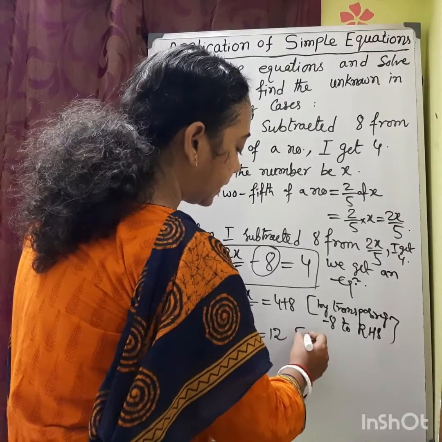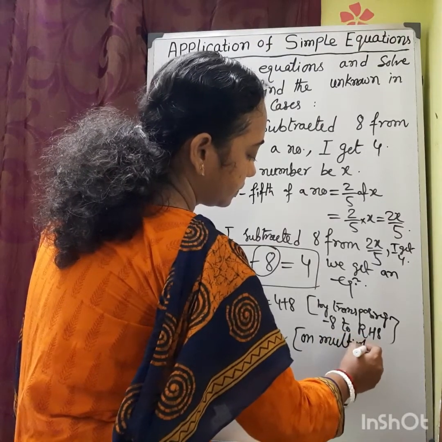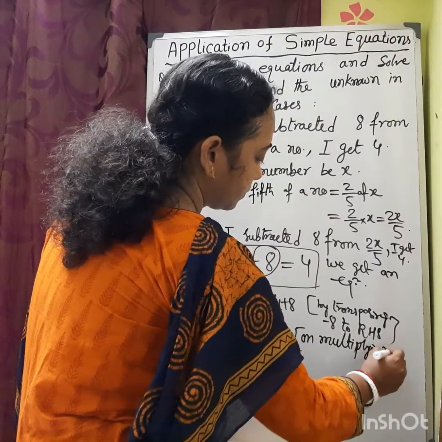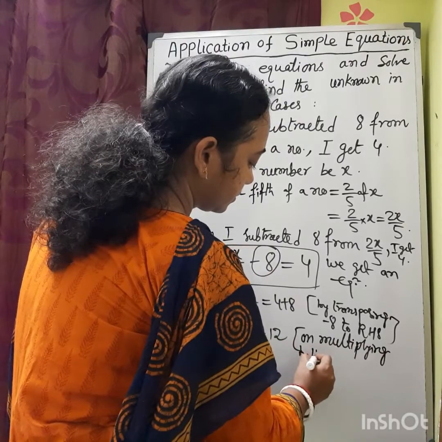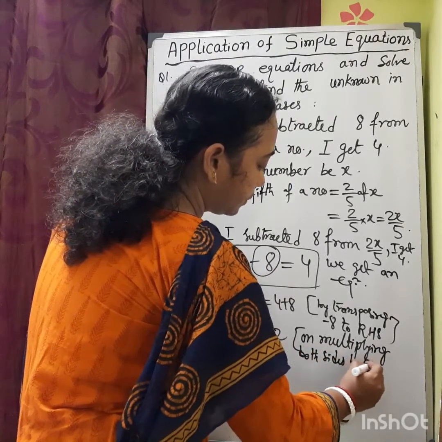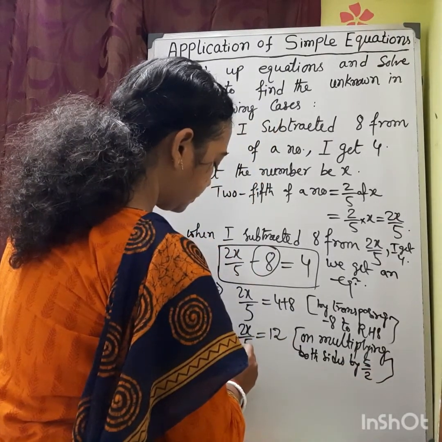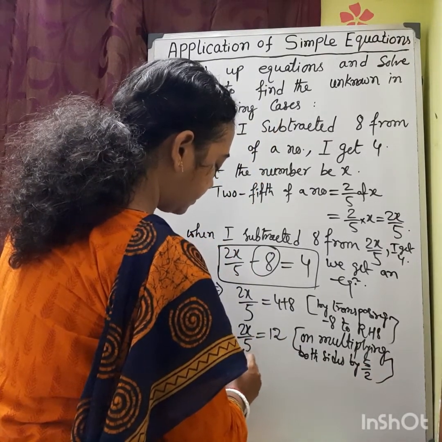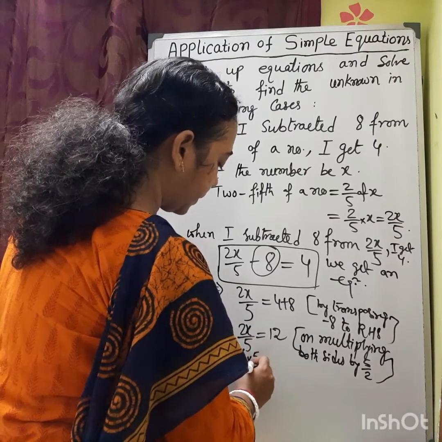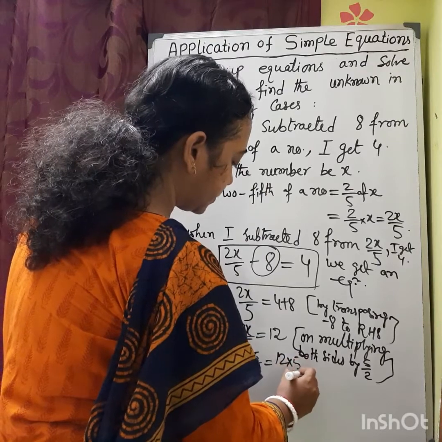So on multiplying both sides by 5 by 2, we get 2x by 5 multiplied by 5 by 2 is equal to 12 multiplied by 5 by 2.